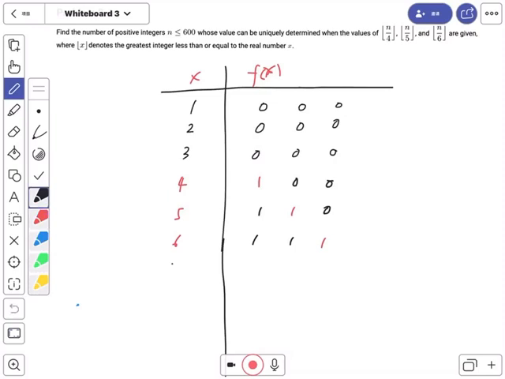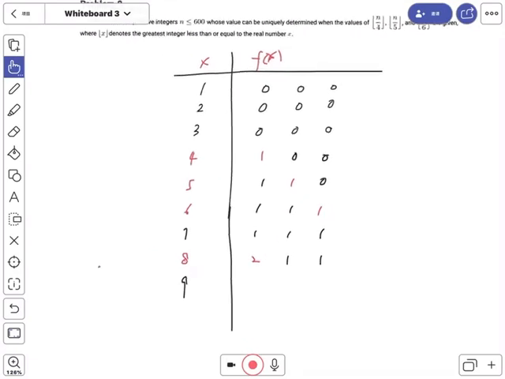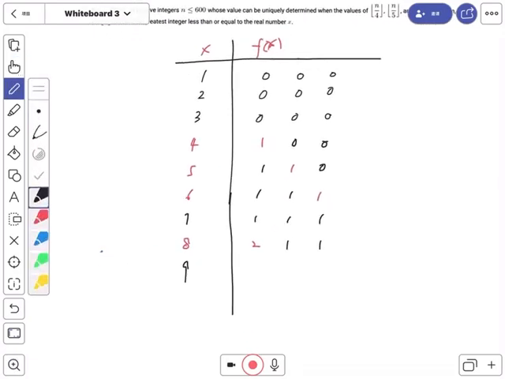For 7, we're not going to have any change, we're just going to have 1, 1, and 1. For 8, since 8 is a multiple of 4, we're going to have one more in the floor value of n over 4, so we have 2, 1, and 1. And 9 is not a multiple of 4, 5, or 6, so there are no changes.